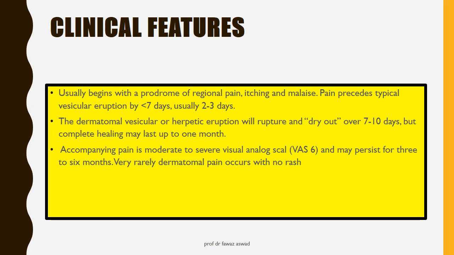These rupture and dry out over 10 days, but complete healing may last up to 1 month. Accompanying pain is moderate to severe, about 6 on the visual analog scale, and may persist for 3 to 6 months. Very rarely, there is dermatomal pain with no rash.